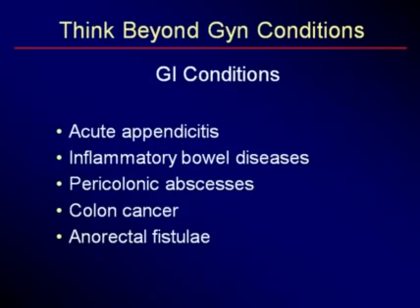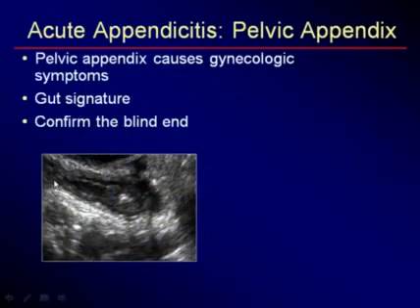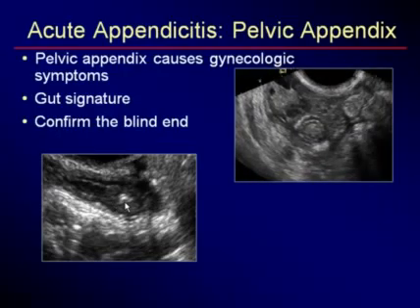And think of not just the GU system, think of GI conditions: appendicitis, inflammatory bowel diseases, abscesses, colon cancer, fistulae. You can pick those up transvaginally. Here's appendicitis. This is a pelvic appendix that caused gynecologic symptoms. We look for that gut signature, a blind ending tubular structure with layers, and an appendicolith if we're lucky.